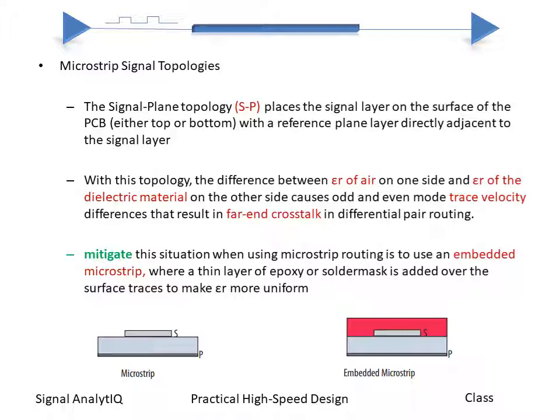One way to mitigate the situation when using microstrip routing is to use an embedded microstrip, where a thin layer of epoxy or solder mask is added over the surface to make the dielectric constant more uniform.